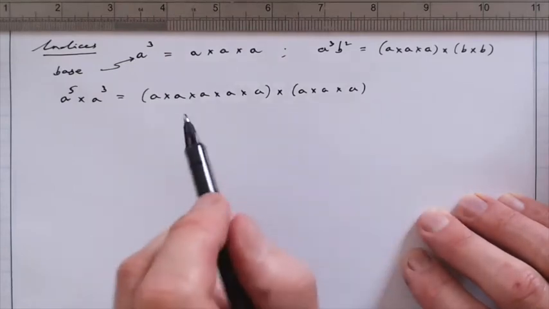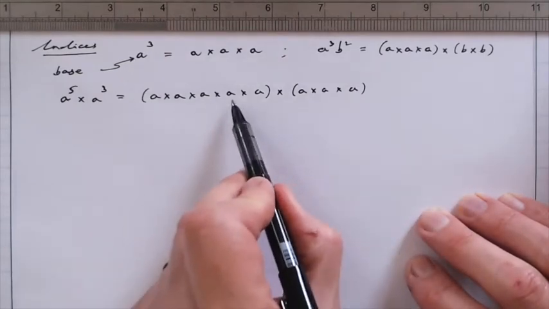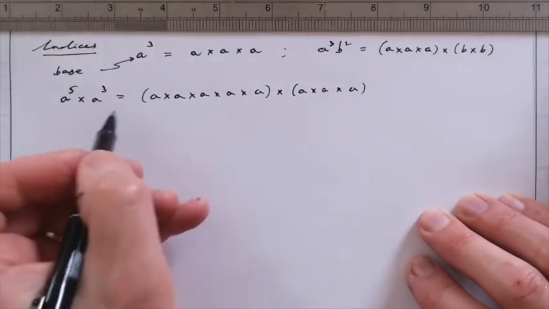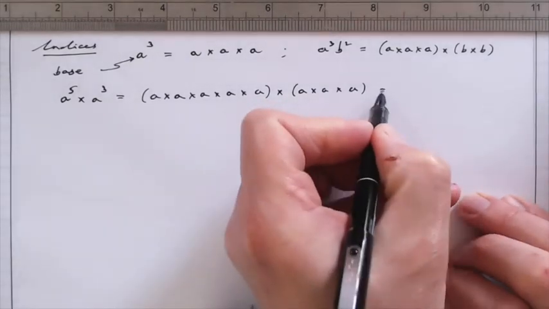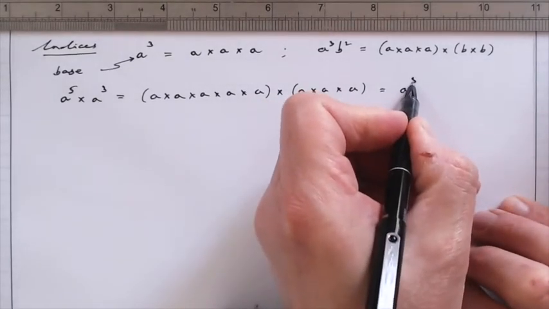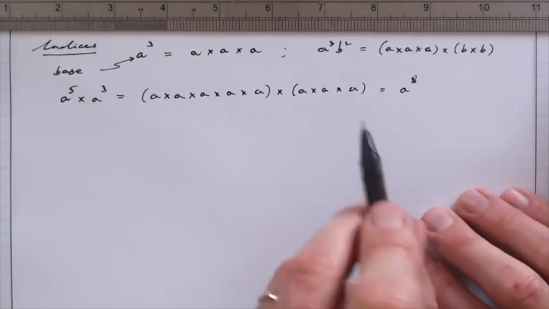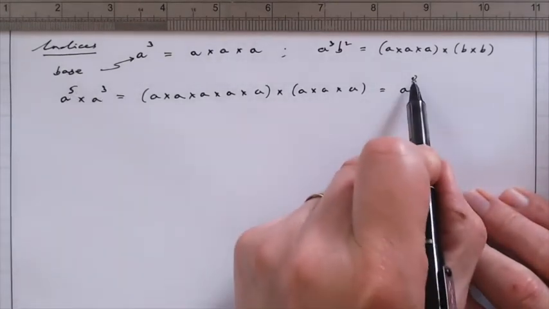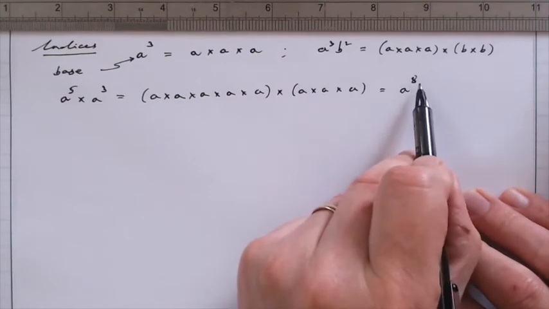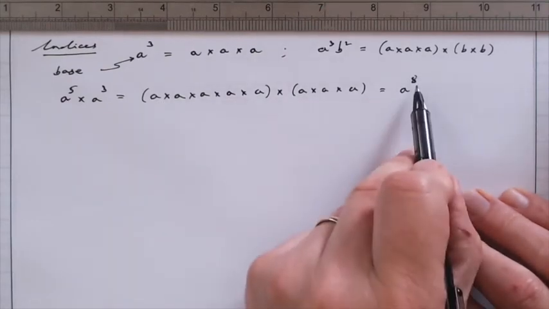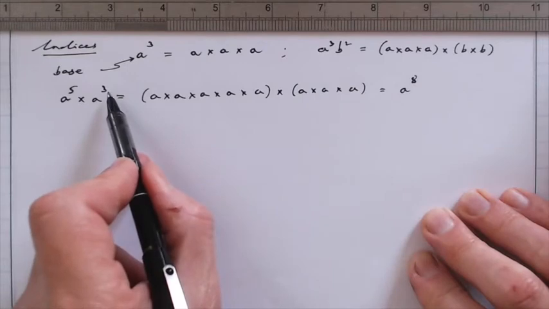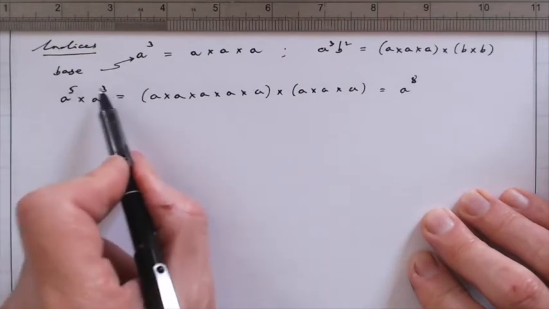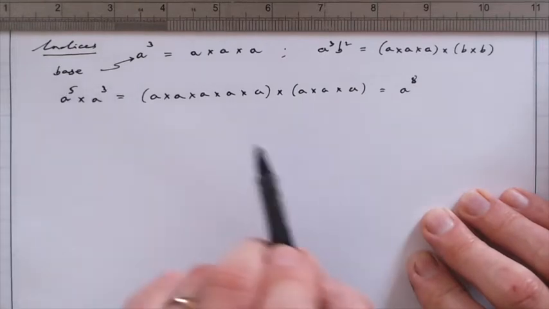And what we can see very simply here is that we have a product of 8 a's, which can be written as a to the power of 8. And so we notice, of course, that 5 plus 3 is 8. The index of the total product can be obtained by adding the indices in the original product.